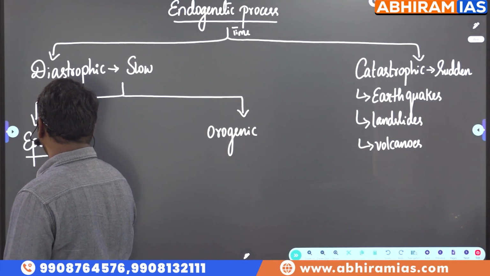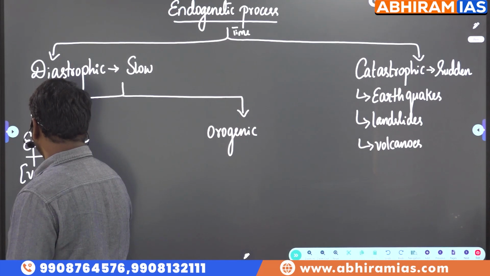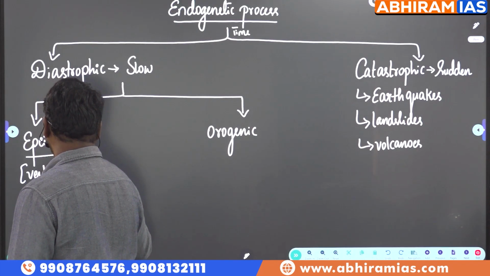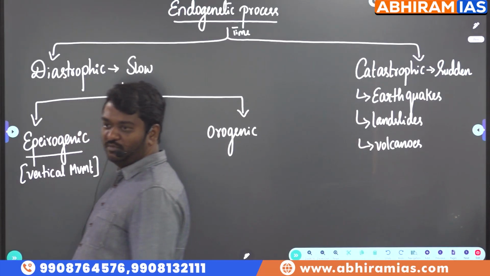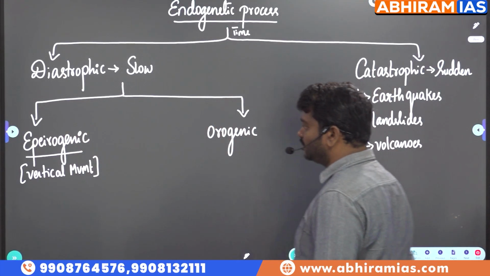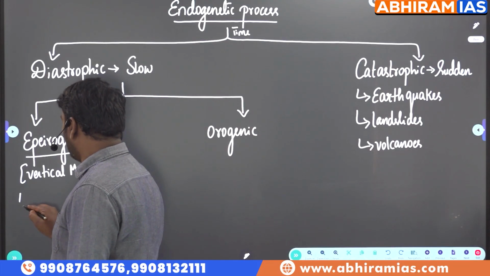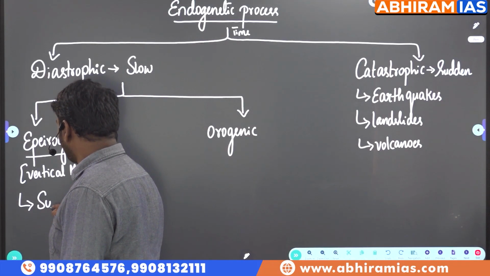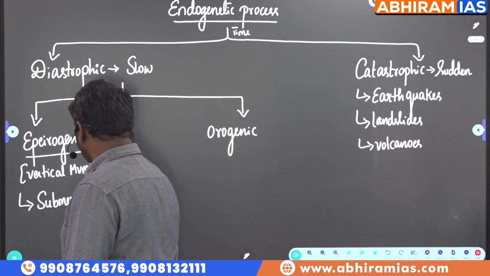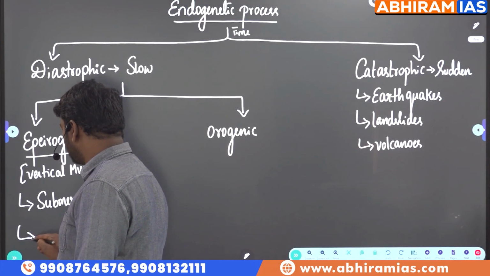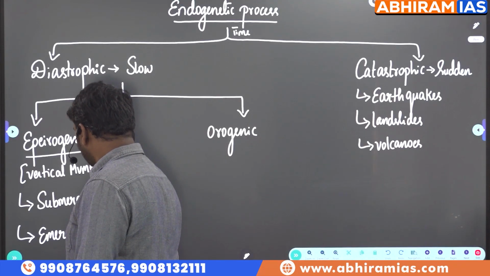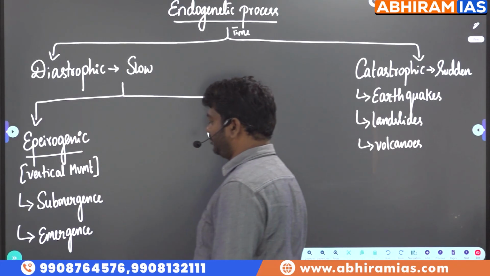Epeirogenic normally means vertical movement. Vertical movement normally leads to submergence, emergence.